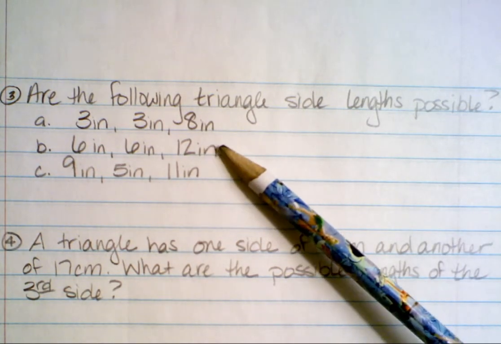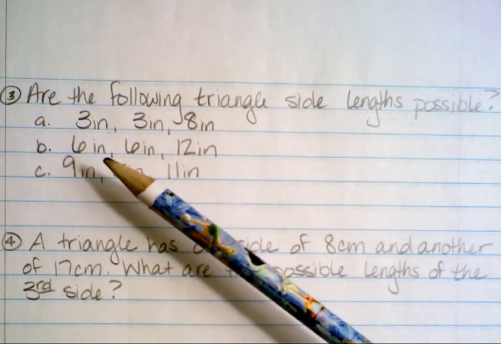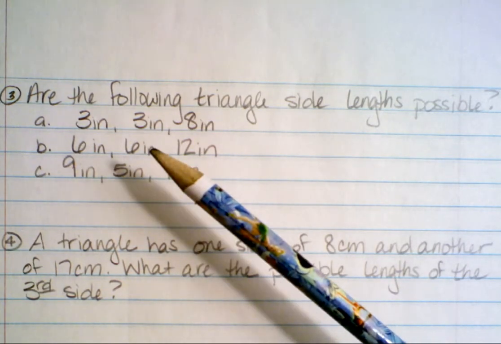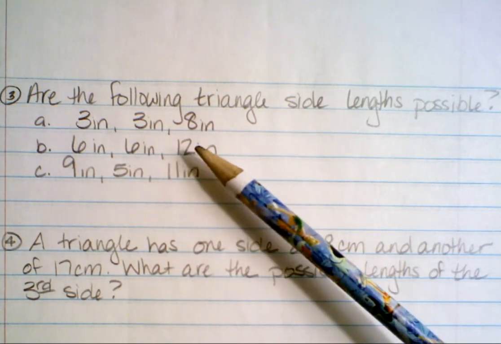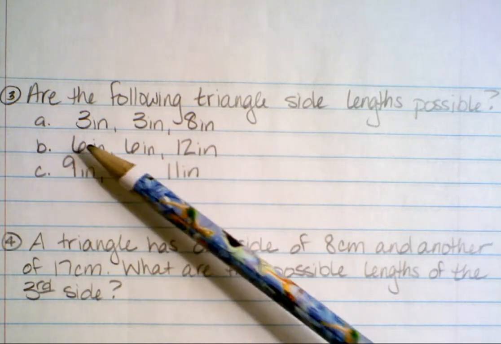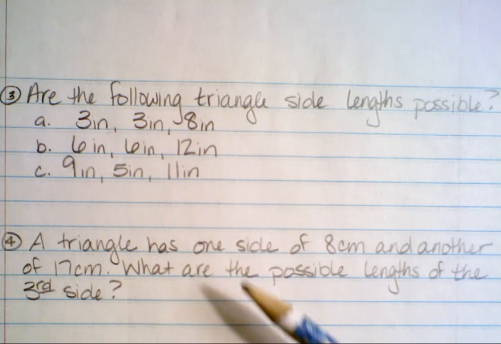If I were to take this 6-inch, 6-inch, 12-inch and make it into a triangle, it couldn't be a triangle because 6 plus 6 equals 12, and the sum has to be bigger than 12. So I could have 6.1 and 6, and that could be a triangle, but not 6, 6, and 12. It just won't work because the two 6's equal the 12, so those two lines will be right on top of each other.